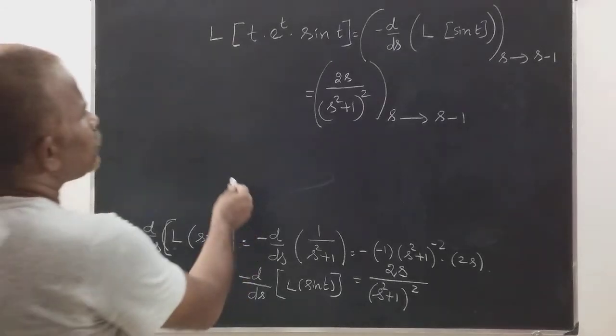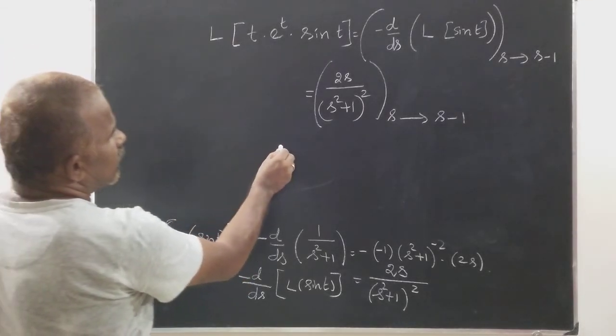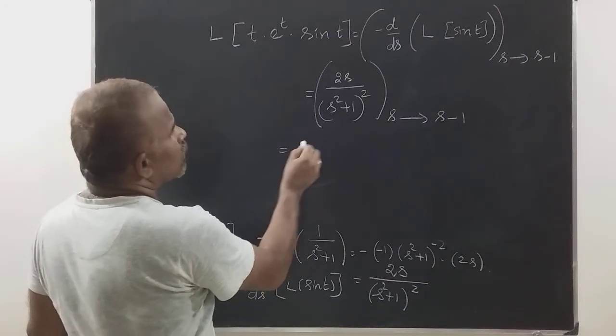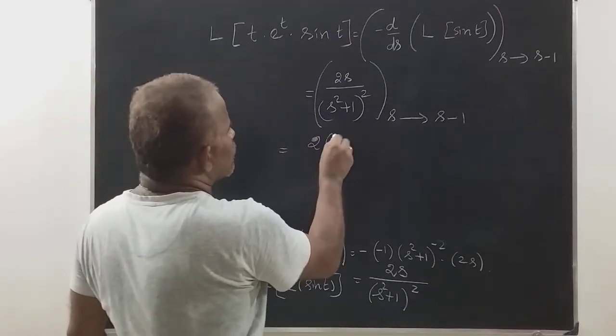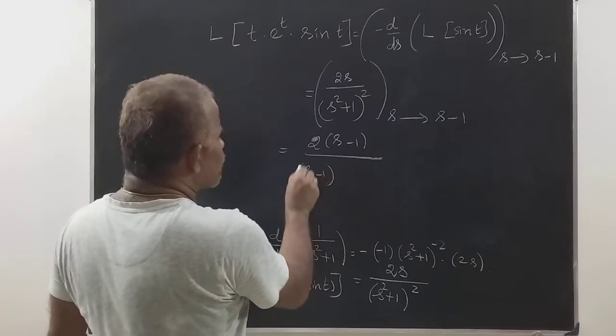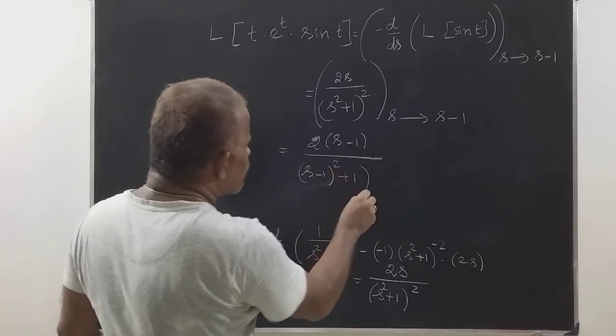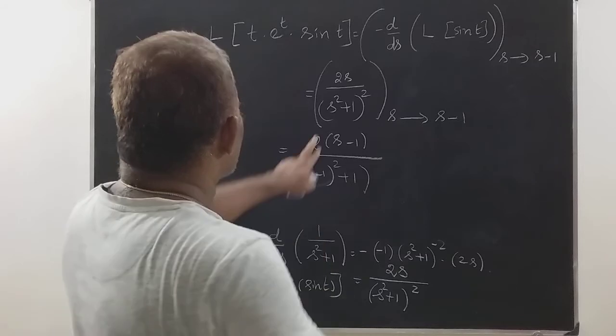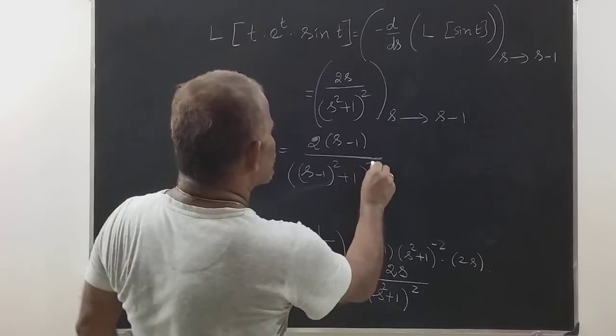So therefore I can write 2 times (s minus 1) divided by ((s minus 1) the whole square plus 1) the whole square.